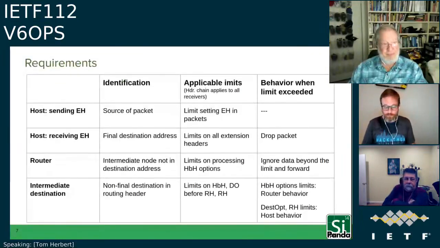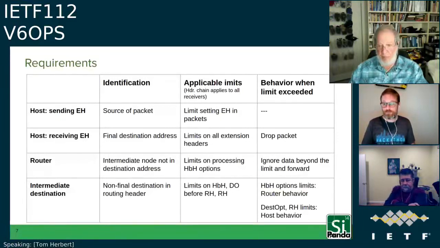So the question is, what happens when a limit is exceeded? This is kind of important because it defines the behavior, and we really divide this into two classes: end hosts that are receiving packets, and intermediate devices. The general rule of thumb is intermediate devices should not drop just because a limit like this was exceeded. It's pretty easy.